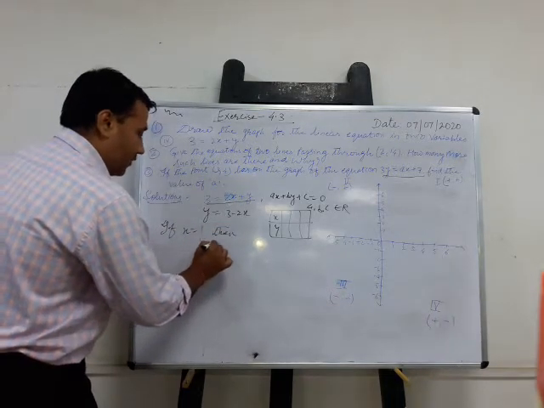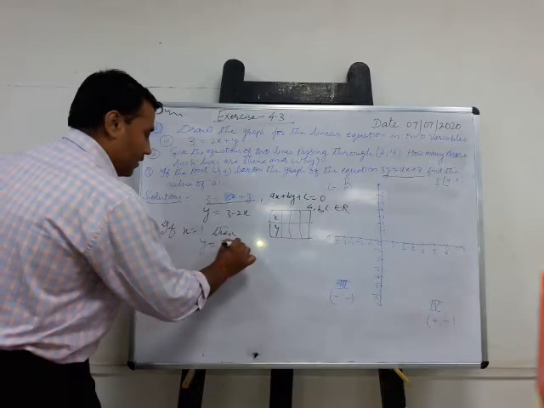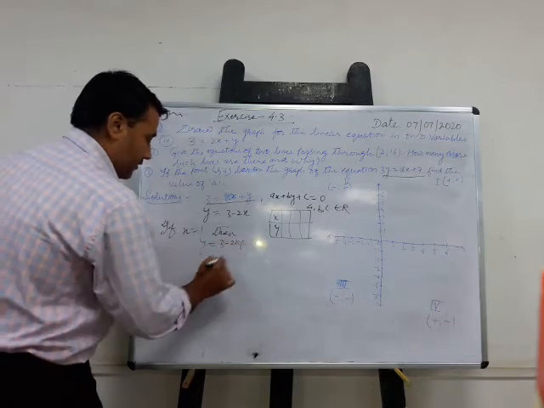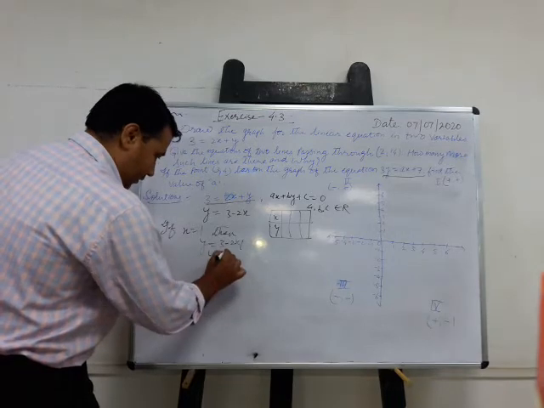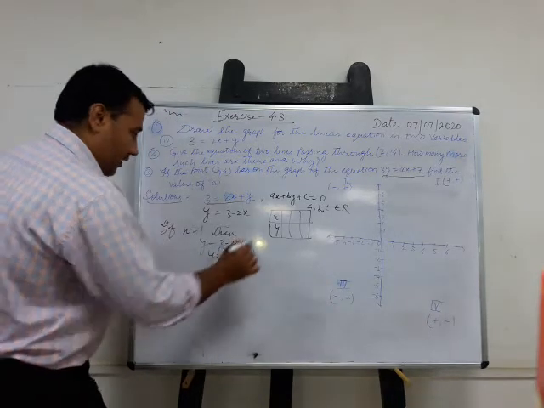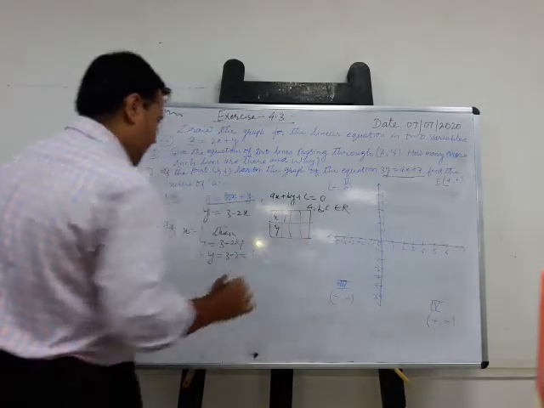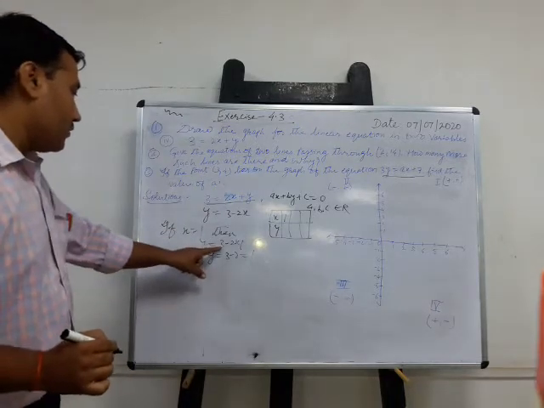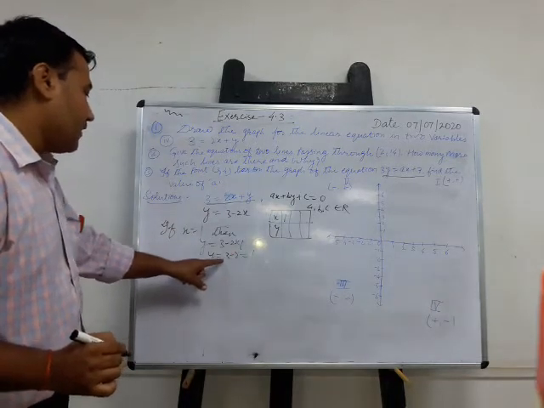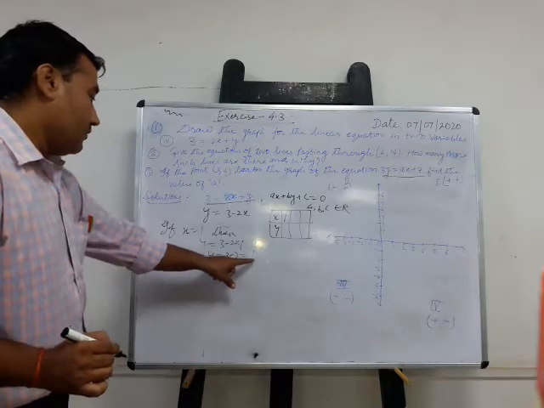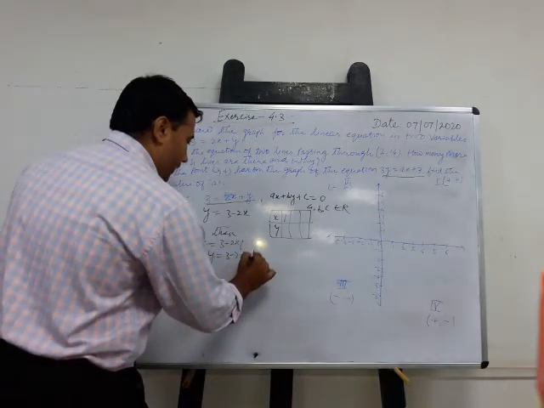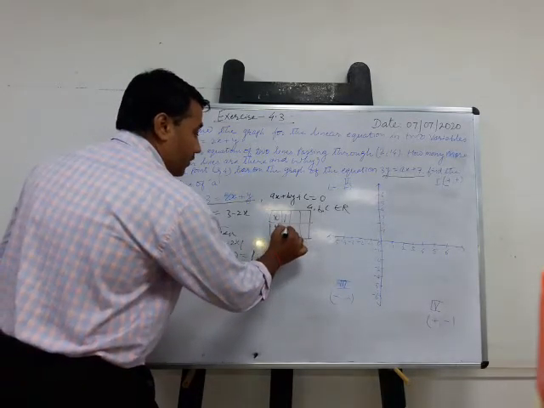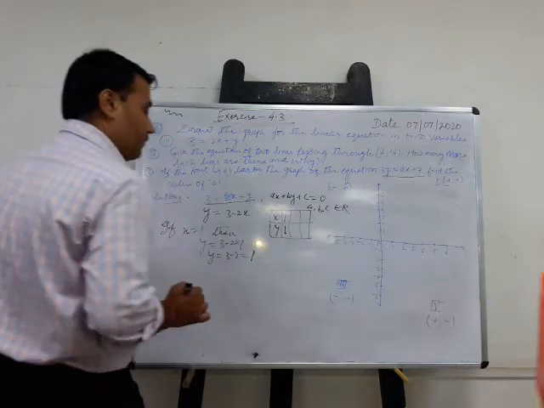Then y = 3 - 2 into 1, that is y = 3 - 2 = 1. So if you put x = 1, you get y = 1.